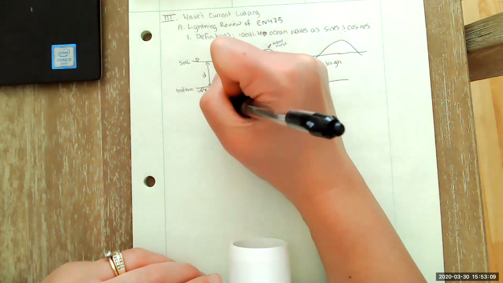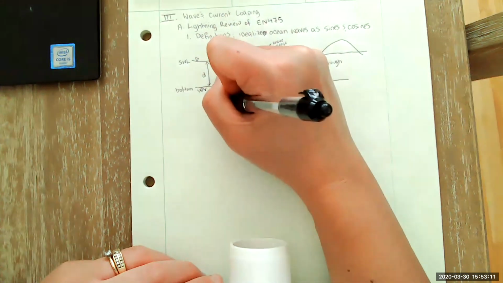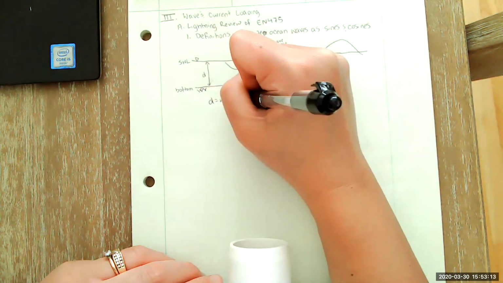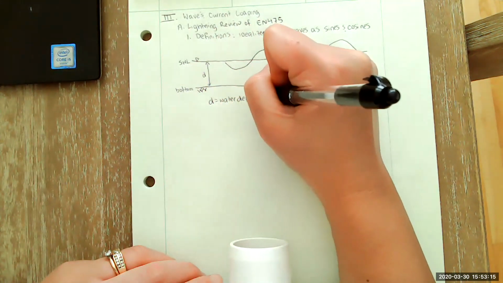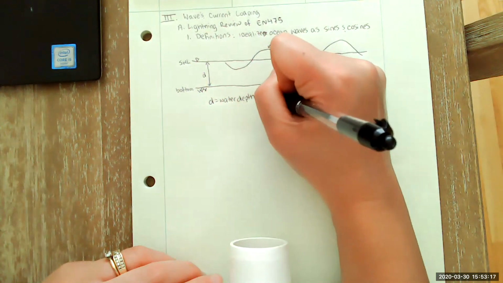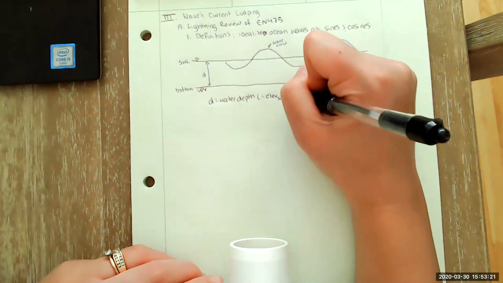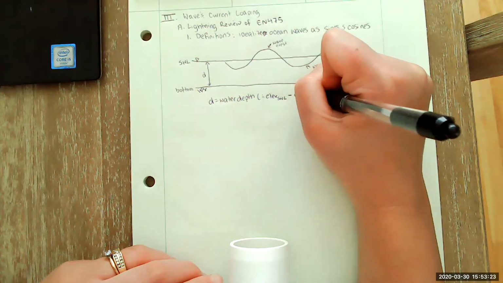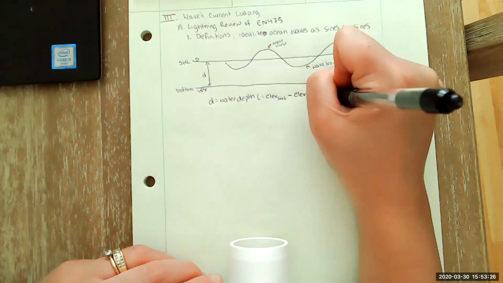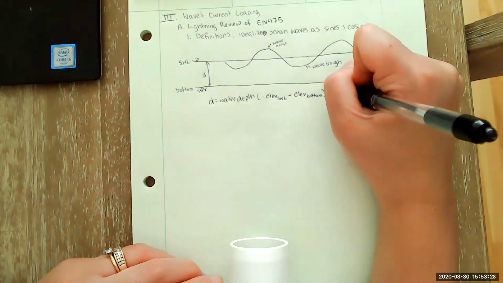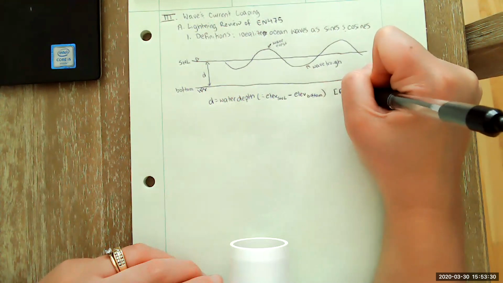So first we have our water depth, which is D, which is essentially equal to the elevation of your still water level minus the elevation of the bottom. This is a unit of length, so we're thinking about feet or meters here.